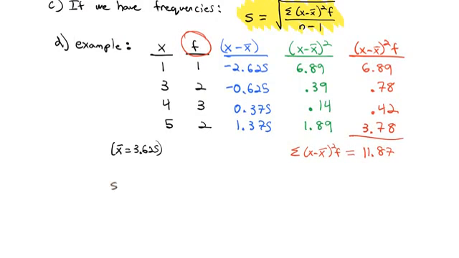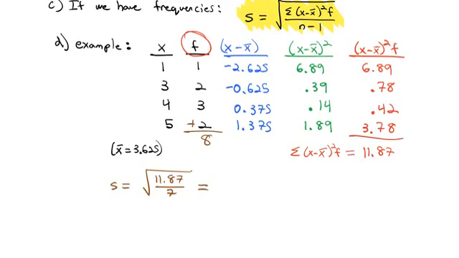Now we plug into our formula for s. s is the square root of that sum we just found, 11.87, divided by 1 less than the sample size. You could add the frequencies together to find that the sample size is 8, or you might remember that because we've been working with this for quite a while. 1 less than the sample size is 7.